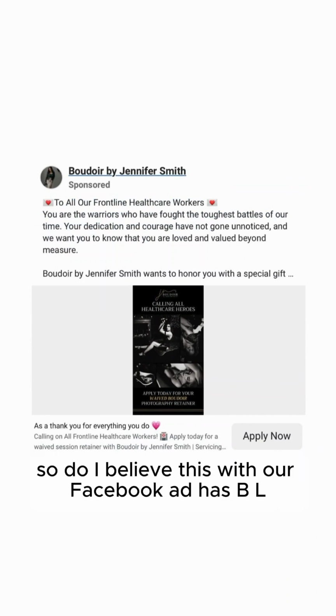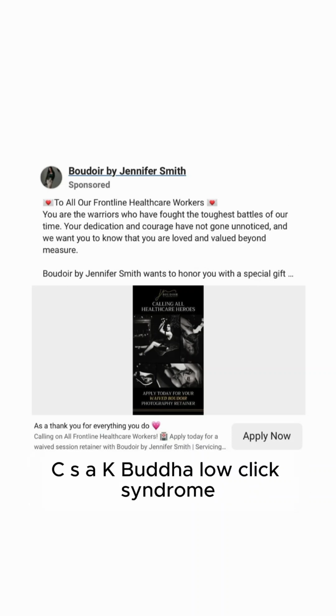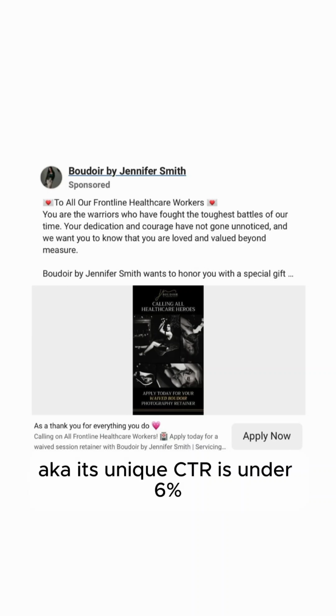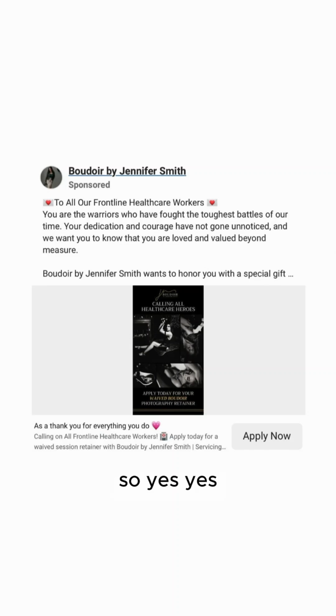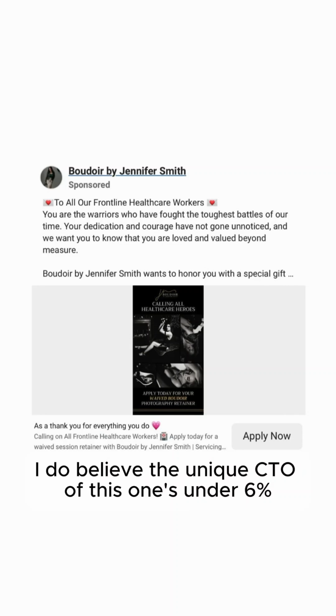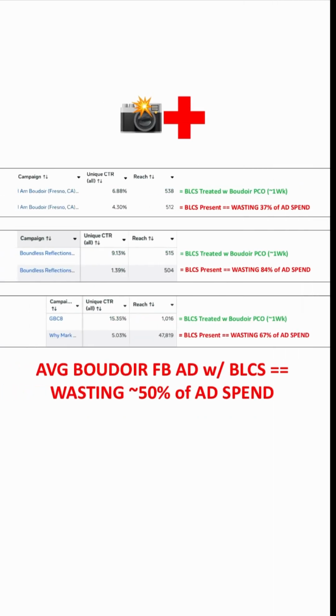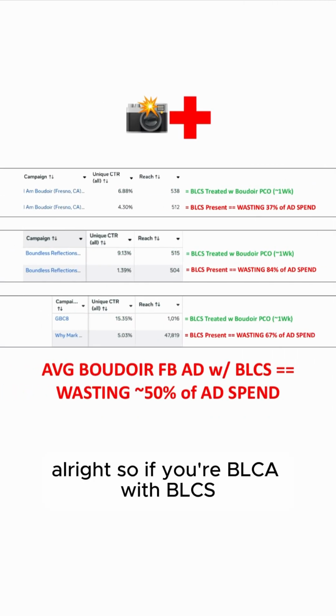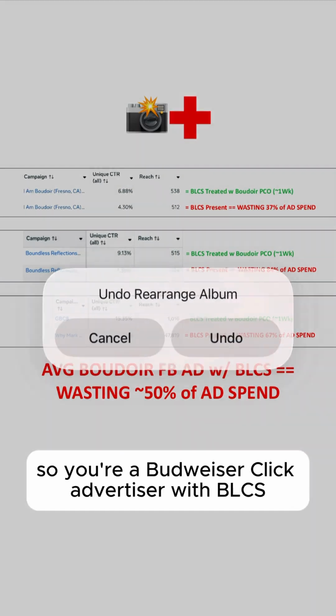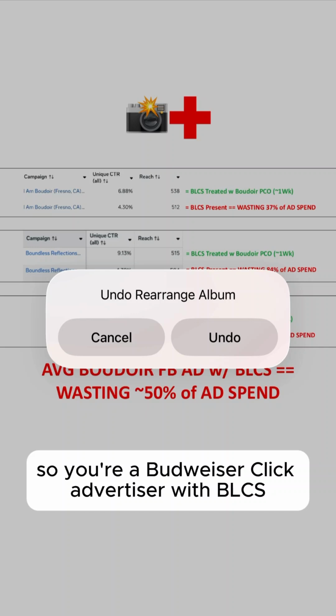So, do I believe this Boudoir Facebook ad has BLCS, aka its unique CTRL is under 6%? Yes, I do believe the unique CTRL of this one's under 6%, which would mean it has Boudoir low click syndrome.